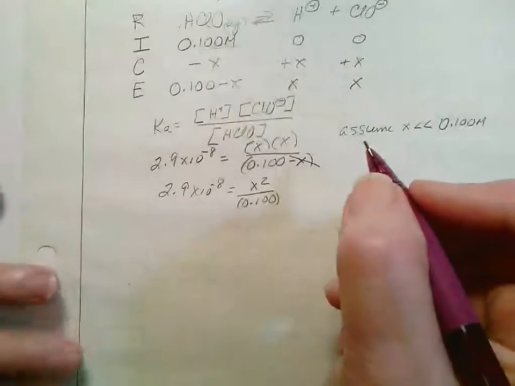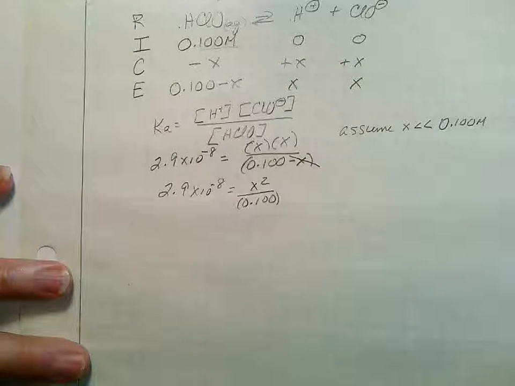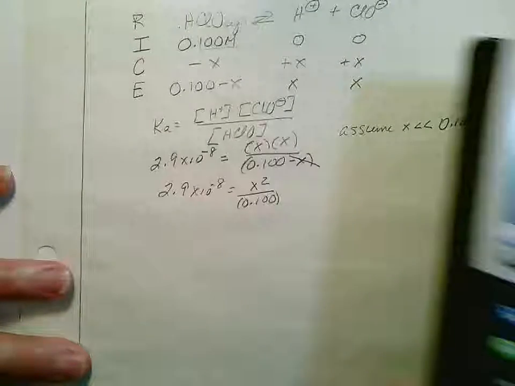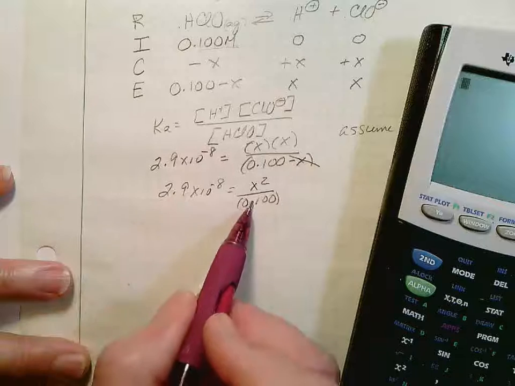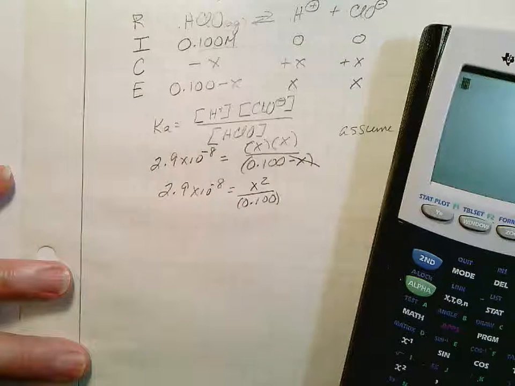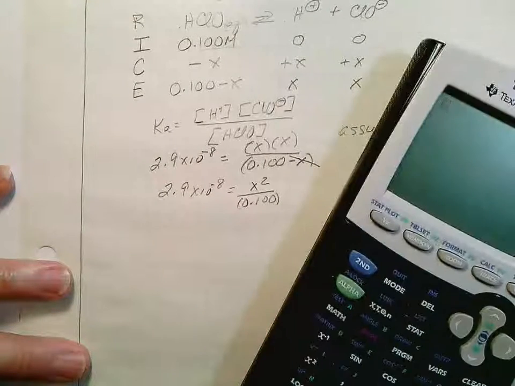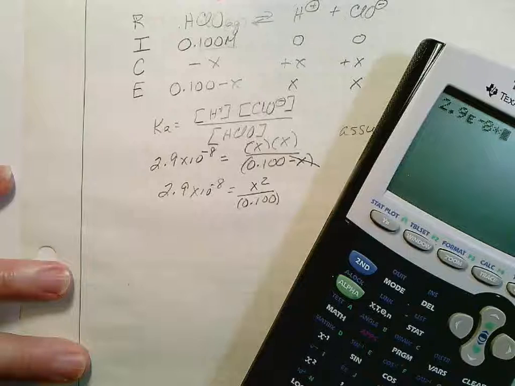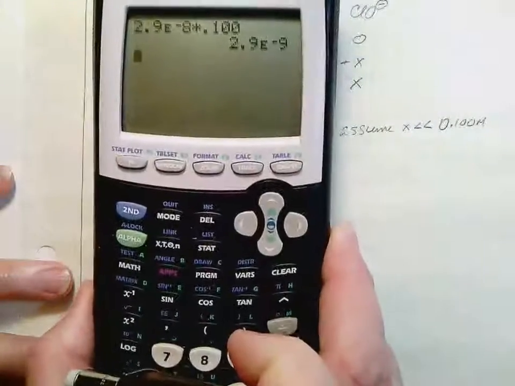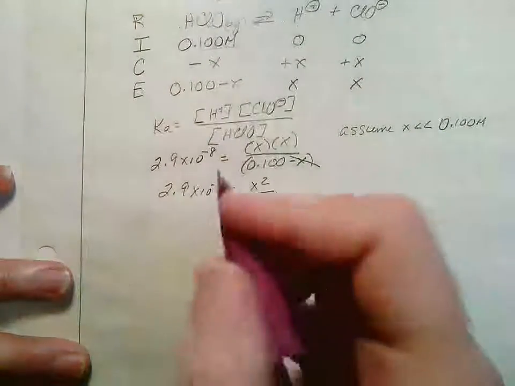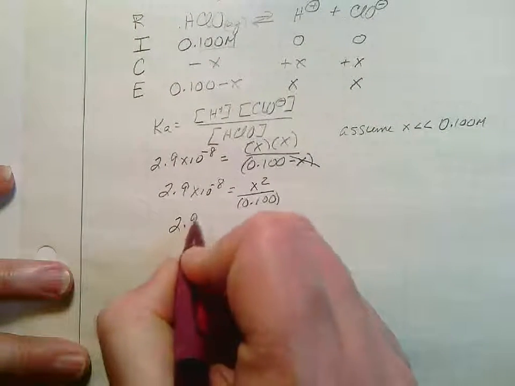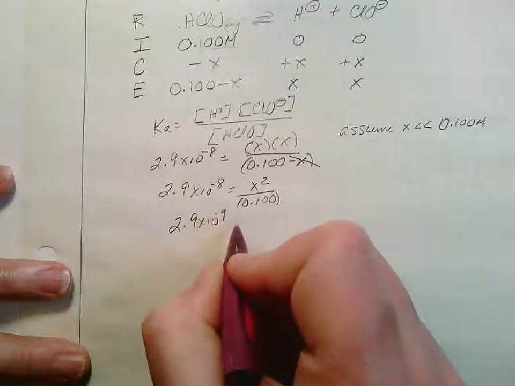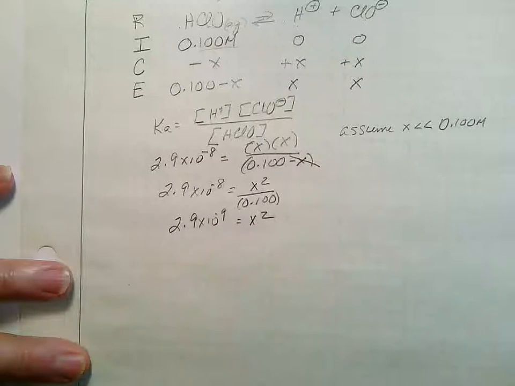So when I take this number and multiply it by this number, I have 2.9 E negative 8 times 0.100, and I get 2.9 times 10 to the negative 9th equals X squared.